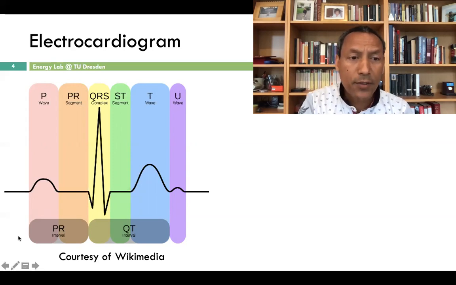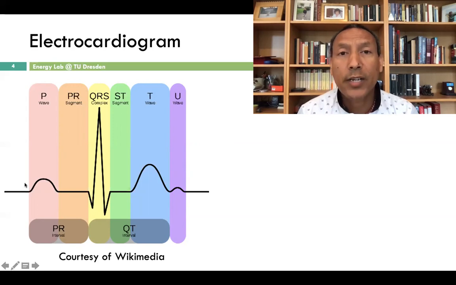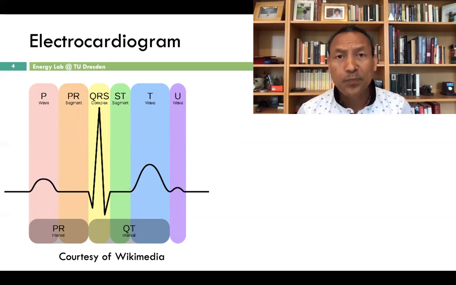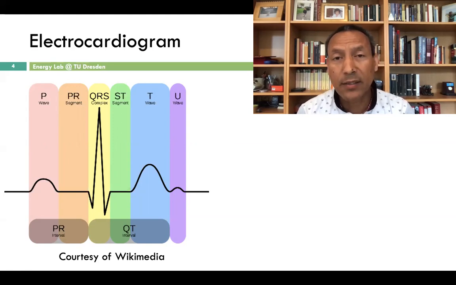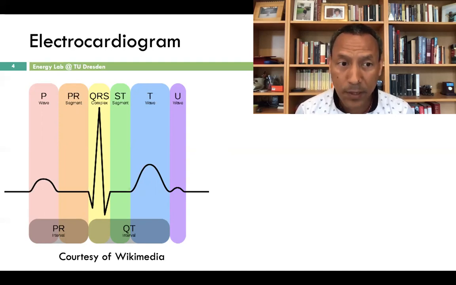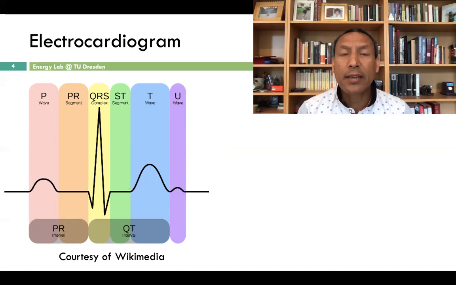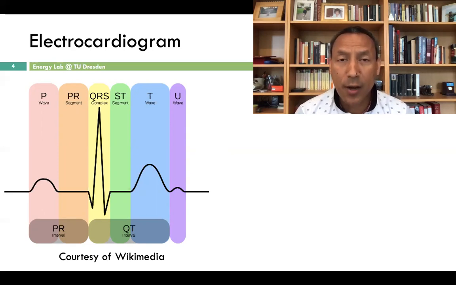So here we have the P wave. The P wave is associated with the activity of the atria. When the signal propagates in the atrial wall, this wave will be observed. And after the valves are open and blood pours into the ventricle, there is a silent period.